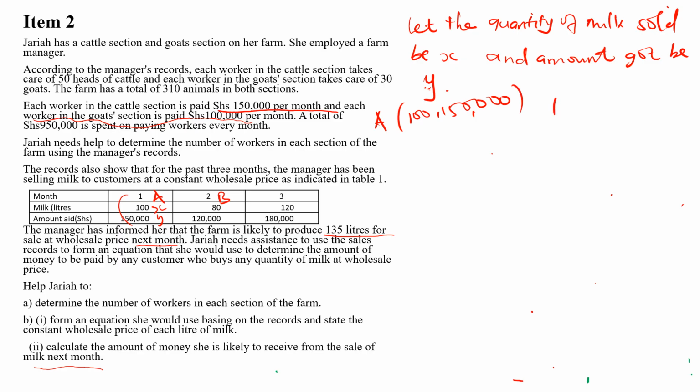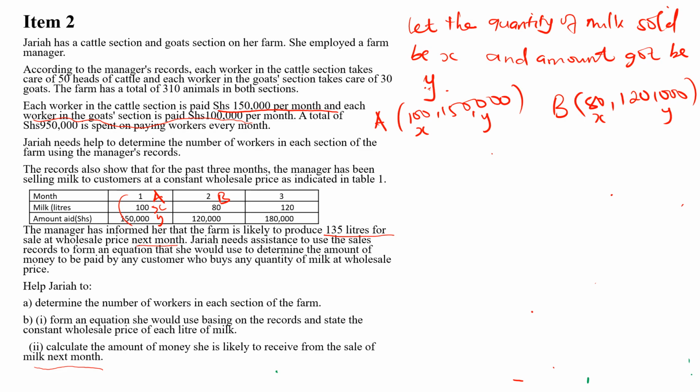150,000. Then the second month, I'll have 80, and at the same time I have 120,000. But now remember, this is x and this is y.